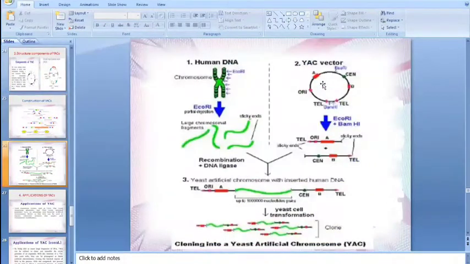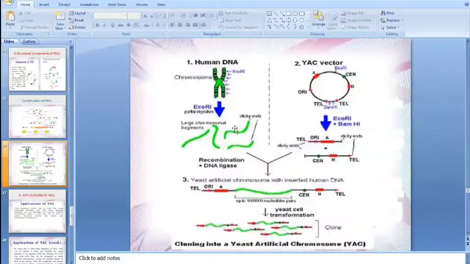Now, these are the steps involved during the cloning of a particular foreign DNA into the YAC vector.